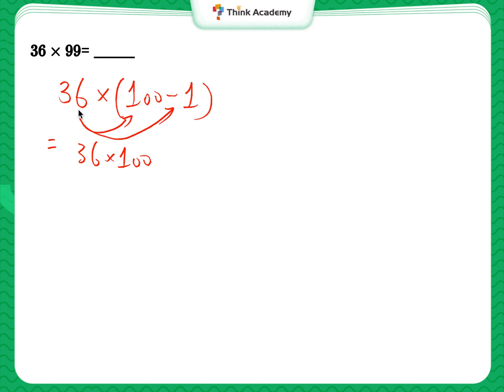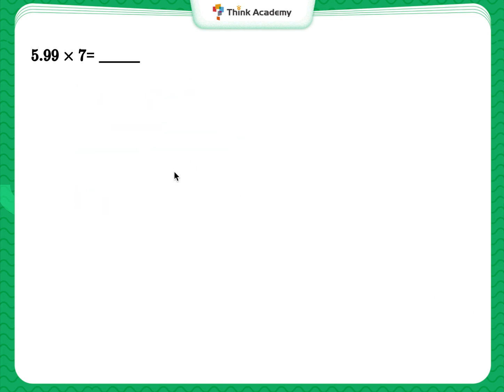So first of all, I have 36 times 100, and then don't forget the minus sign in the middle. So it's not an addition anymore. It is taking away 36 multiplying 1. So what we get is 3,600 take away 36, and that's just going to be 3,564.